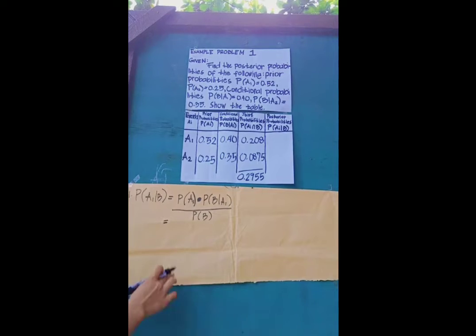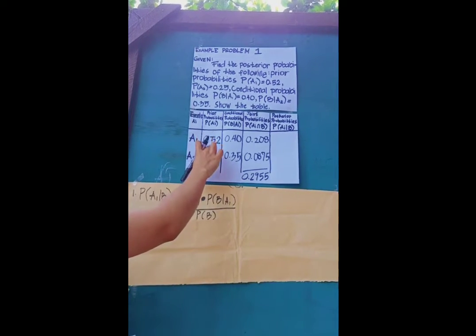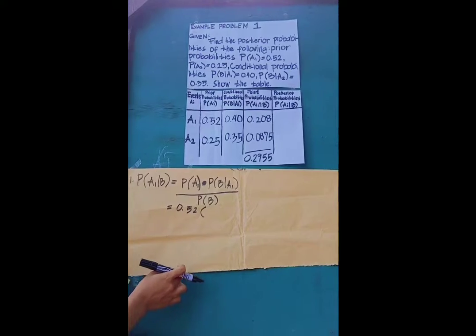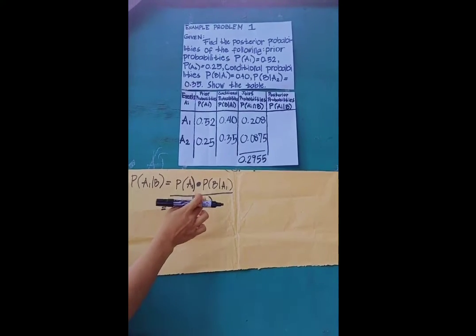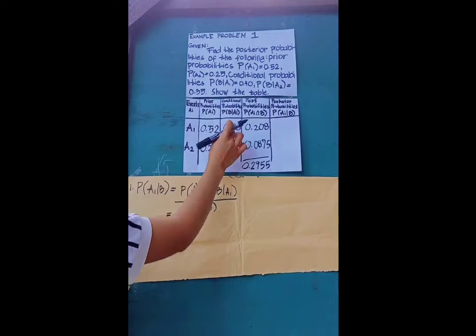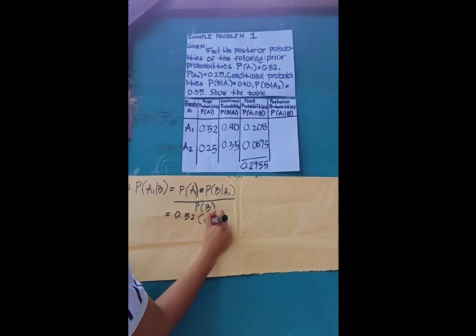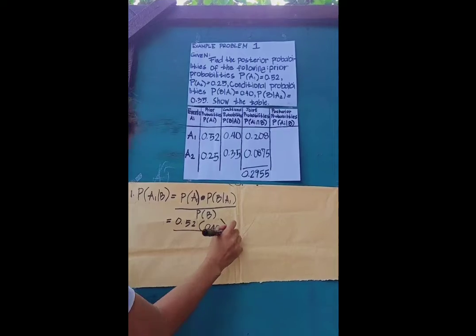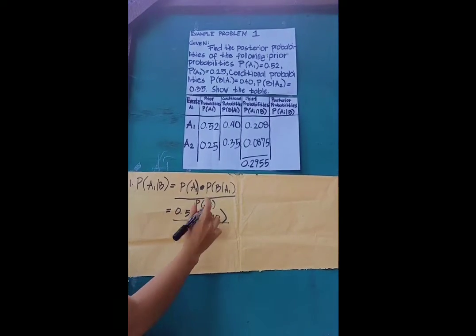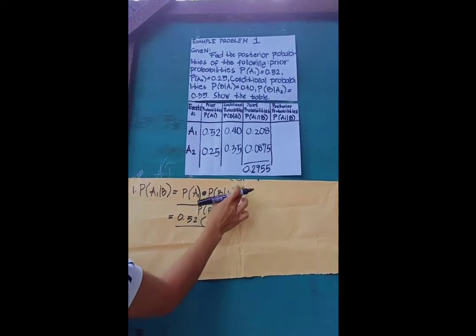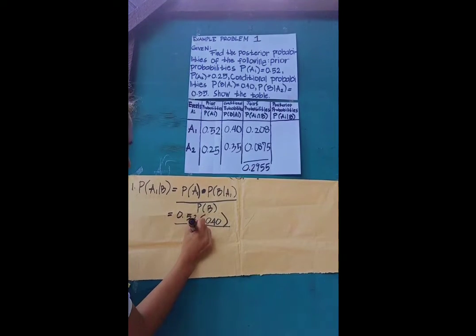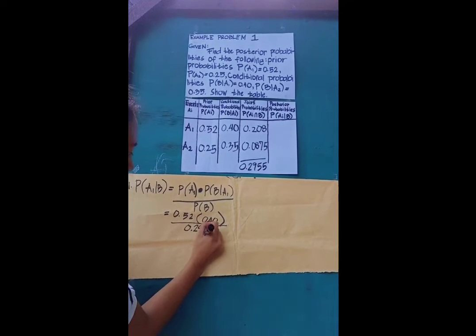Then the A sub 1 is equal to 0.52 multiplied by the probability of B given A sub 1, which is equal to 0.40, and then divided by the probability of B. So the total of joint probabilities is equal to 0.2955.